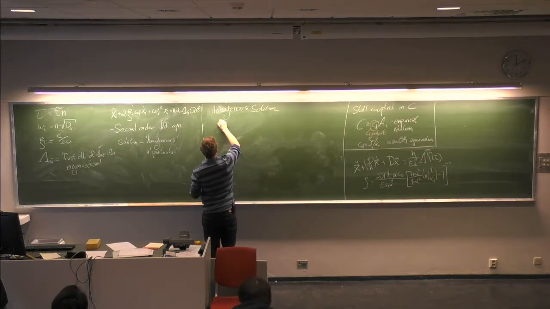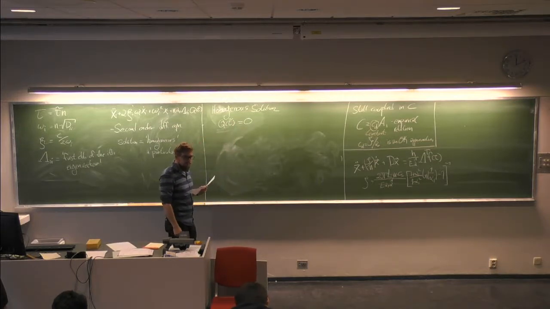That is to say, this Q tilde equals 0. That's how you find a homogeneous solution.